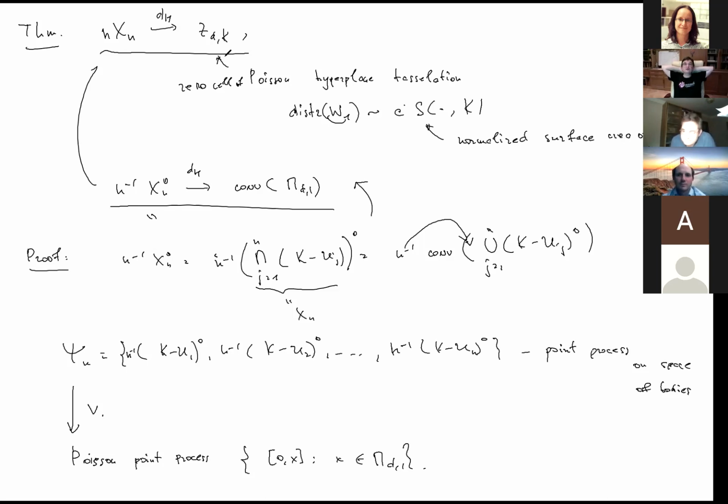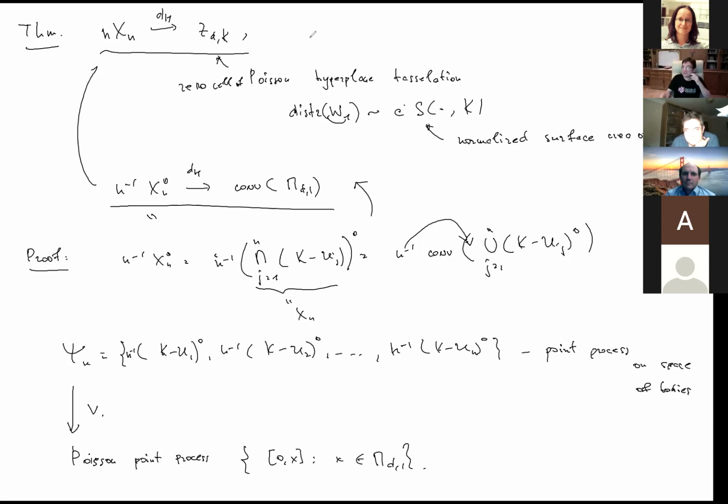For some other set in the space, using the Poissonian tessellation, you can discuss the mixed volume of this set, just by discussing the areas of the intersections of these hyperplanes with this set. So this can be a kind of functional which is interesting to see.